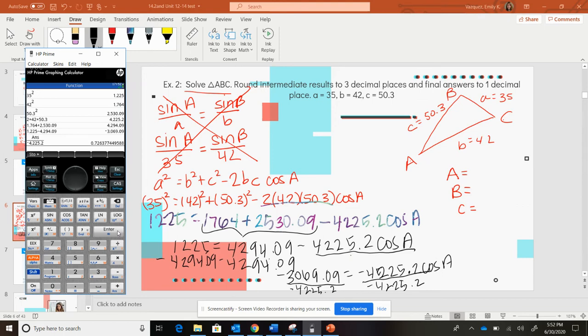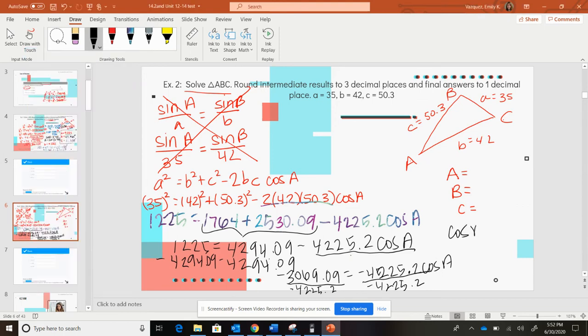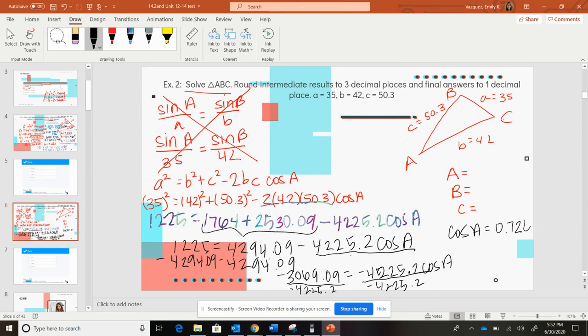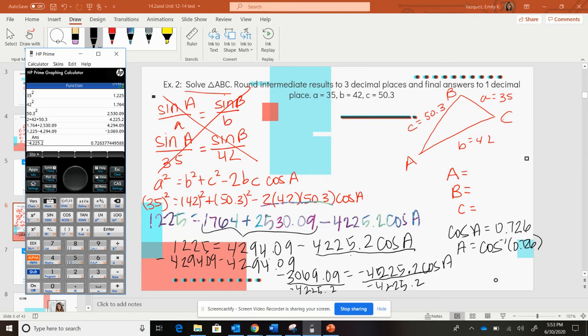Okay, so now what I currently have is cosine of A equals 0.726. And again, I need A by itself. So when A is directly attached to a cosine, then I have to use my cosine inverse, right, you guys? So now I have to do the cosine inverse of that previous solution.